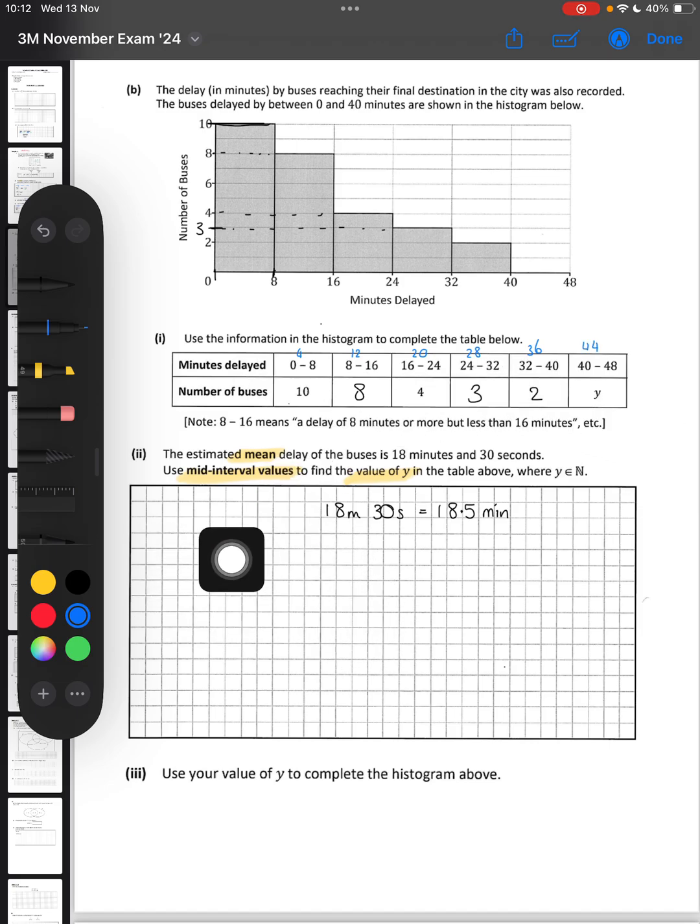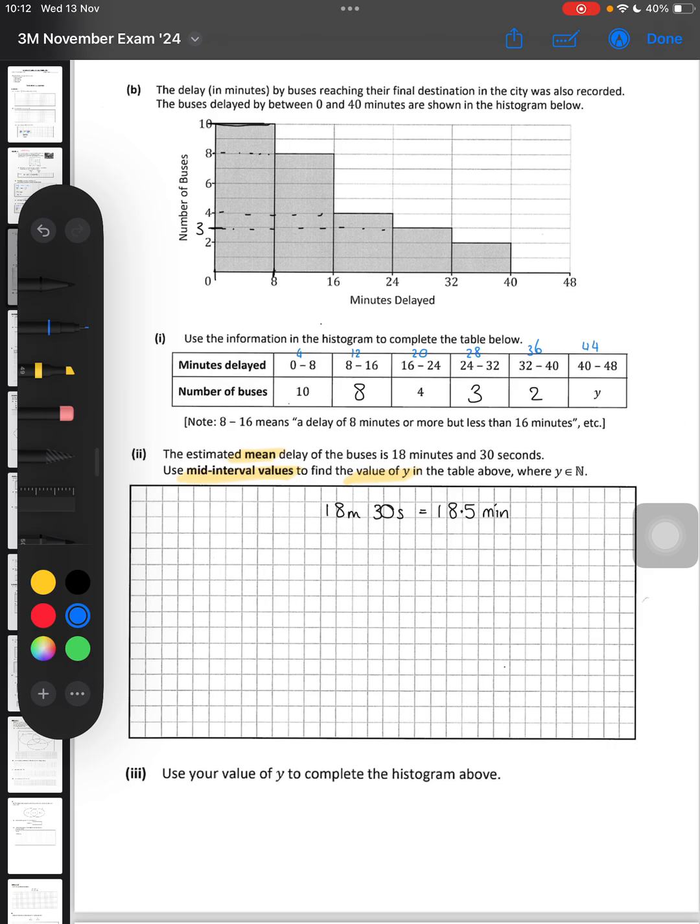Those are my mid-interval values. So I have to use my mid-interval values to get the mean. When I'm getting a mean, I'm adding them all together and dividing by the amount that I added together. We've done mid-interval values to get means before in these frequency tables. So this is 4, and I'm assuming that all 10 of these buses took 4 minutes, which means I need to add 4 together 10 times.